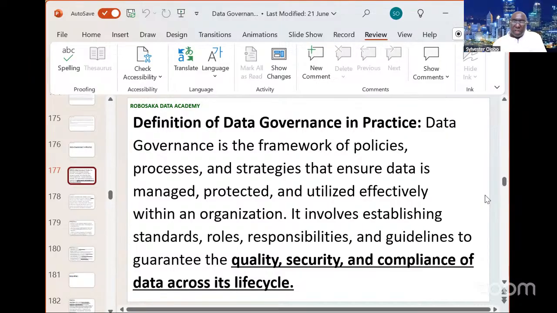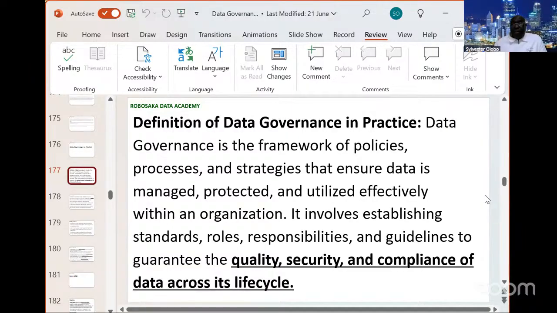What else again? The implementation of these policies and strategies. Absolutely. Implementation of it. Yeah. What else again? Creating standards and also assigning responsibilities.